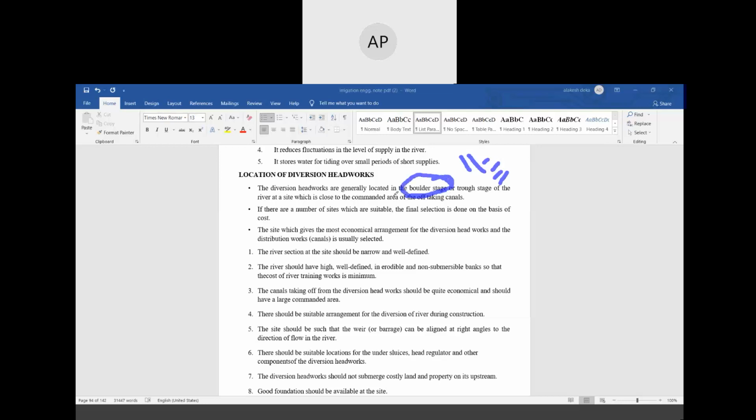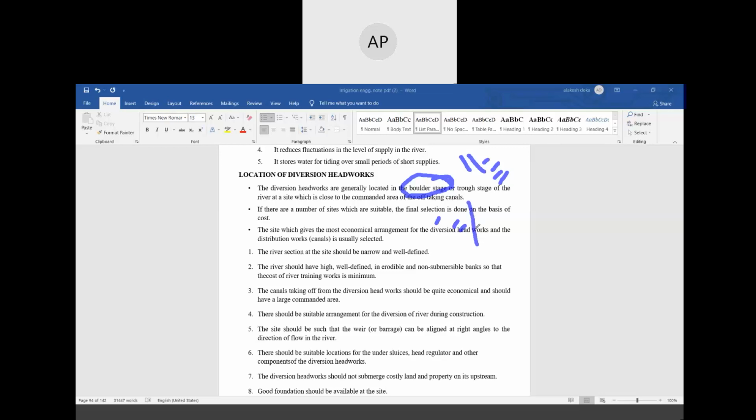In boulder stage, what happens? The bed is made up of a mix of sand, gravel, and boulders. As the bed material is very pervious, the river in this stage has a straighter course.